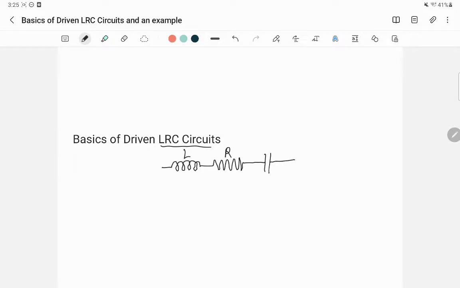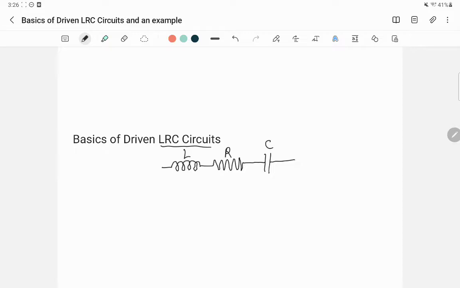L takes values in henries, capacitance is in farads, and resistors have values in ohms.